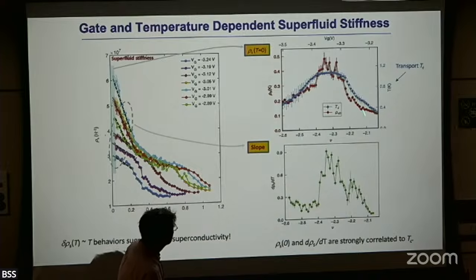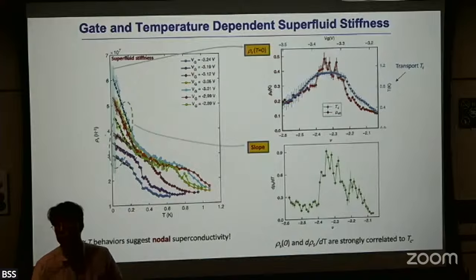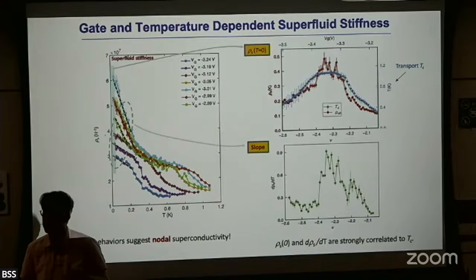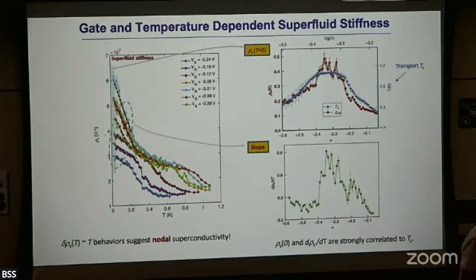We can understand why the shape looks like this, as well as why the initial slope of the superfluid stiffness decreases. According to theory, the slope is deeply related to the nodal velocity, or the ratio of the nodal velocity to the Fermi velocity. So one can explain both of these.